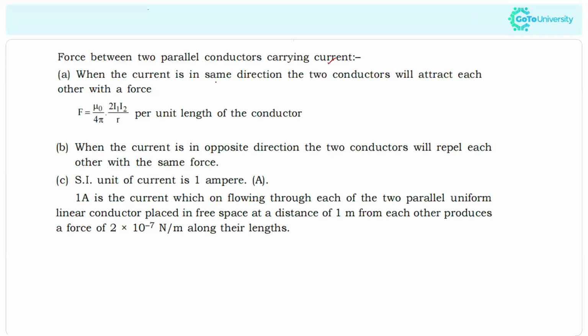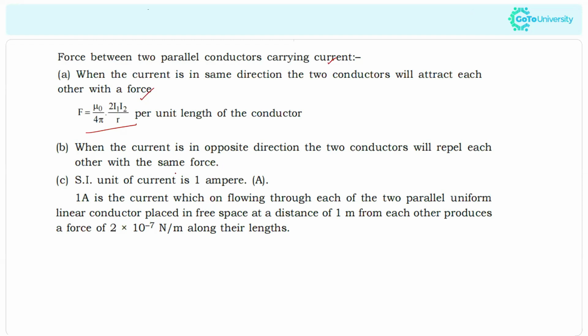When the current is in the same direction in the two conductors, it is known that they will attract each other with a force calculated using the formula F is equal to mu naught divided by 4 pi times 2 I1 I2 divided by r per unit length of the conductor. And when the conductors have current in opposite directions, the two conductors will repel each other with the same force.